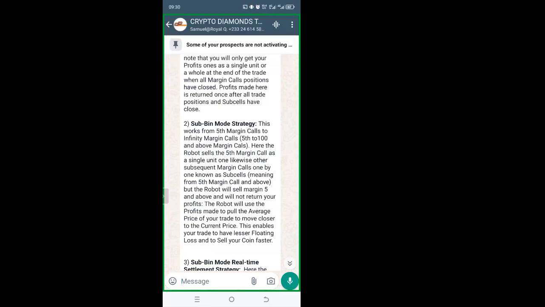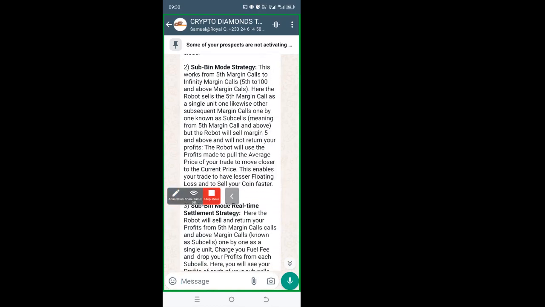The robot will sell margin call 5 and above and will not return your profits. You get that? This means that from your 5th margin call to the number of margin calls you have set, maybe 8, maybe 10, maybe 100, the robot will sell but will not deposit your profit on your Binance account. You get me right?